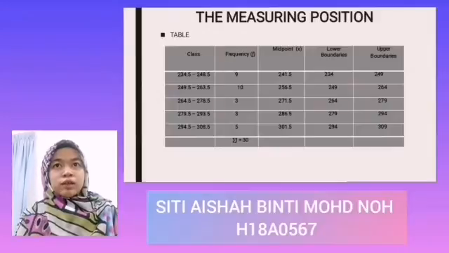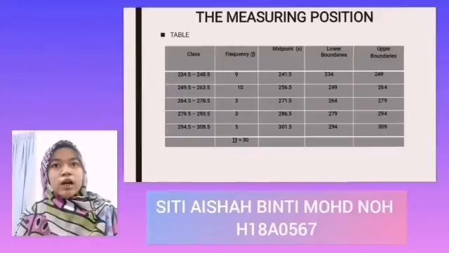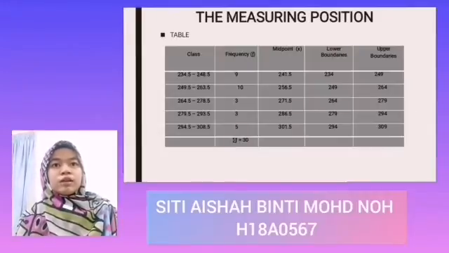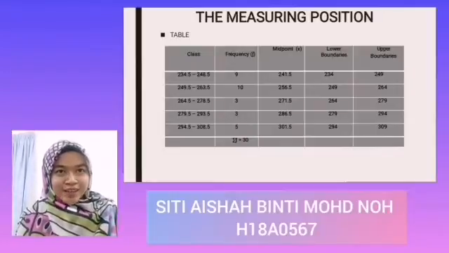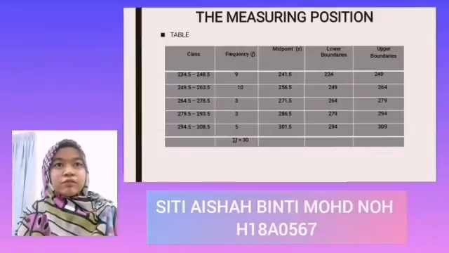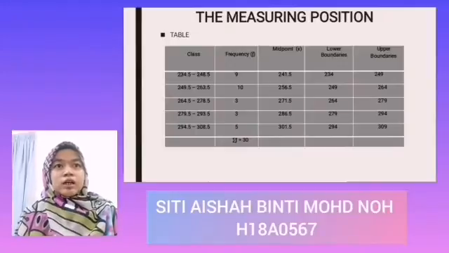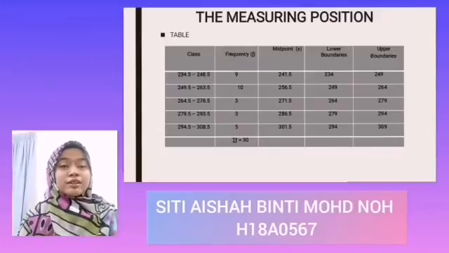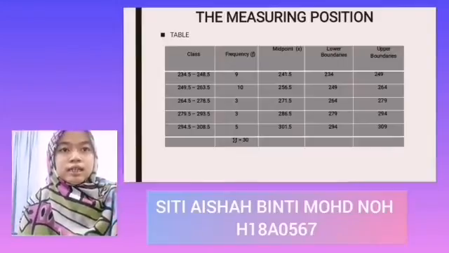For the last class, 294.5 until 308.5. The frequency is 5. Midpoint 301.5. Lower boundary 294. And the upper boundary is 309. Okay, the total of frequency is 30.